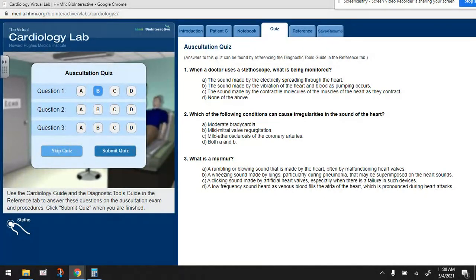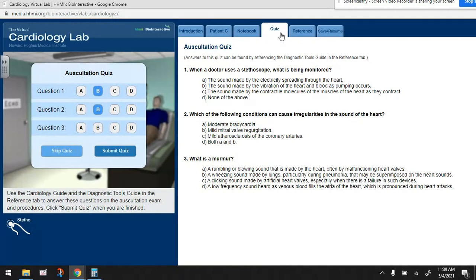Moderate bradycardia, mild mitral valve regurgitation, mild atherosclerosis of the coronary arteries, or both A and D. Again, if you're not sure, you've used the reference and you've looked this stuff up and you're not sure, let's just take a guess, right? Because we're not going to stress over it if we're wrong. But if there's irregularities in the sound, maybe the mitral valve is not closing properly. So let's guess B on that.